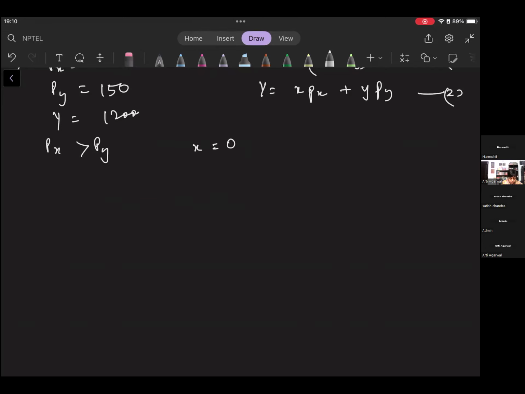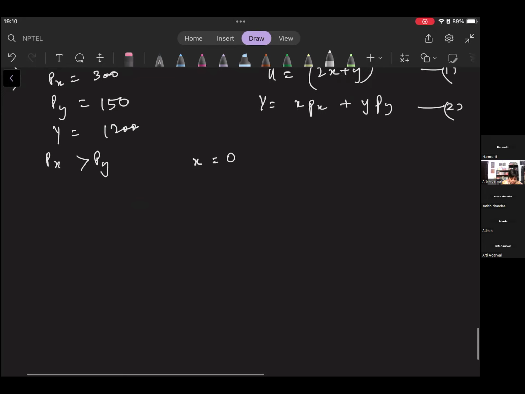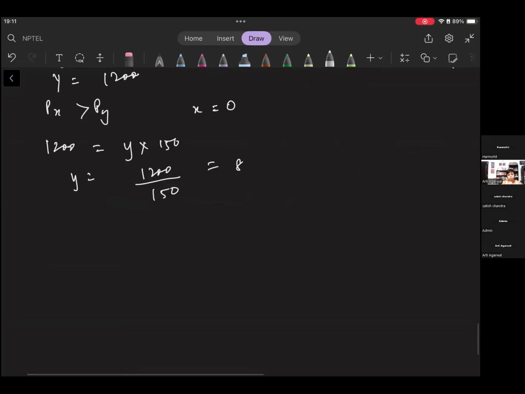Therefore, x is equal to 0. So if x is equal to 0, you just need to plug in the values into the budget equation. X Px becomes 0. Budget you are given as 1200. Y into Py is 150. Y is equal to 1200 by 150. What does that come out to be? Comes out to be 8. So initially your x star, y star is 0, 8.